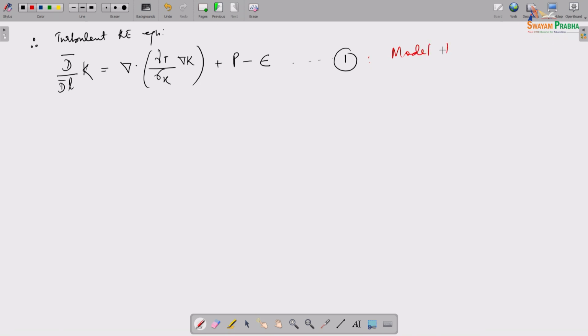So this is the model transport equation for K, right? Okay.